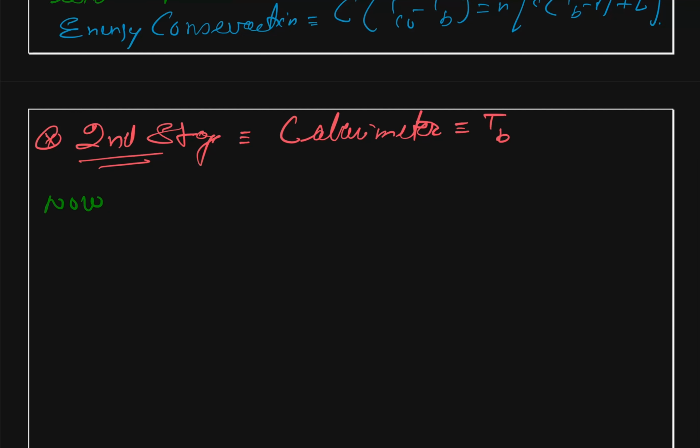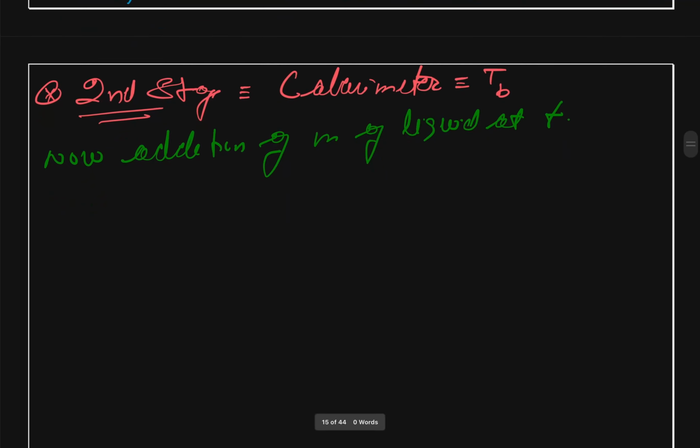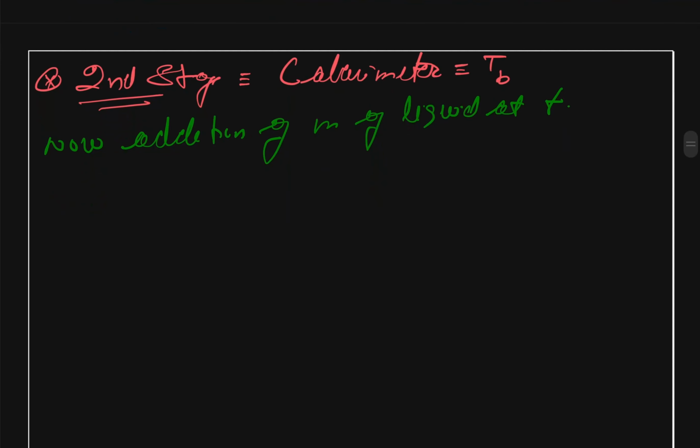So we can say, now, addition of m gram of liquid at temperature T, and now the temperature of the calorimeter as well as the liquid is further going to reduce to the final equilibrium temperature, which we have taken as TF.